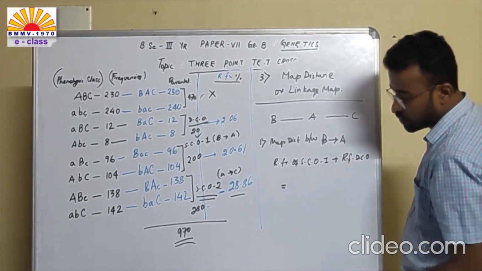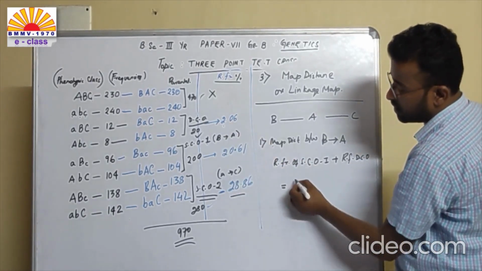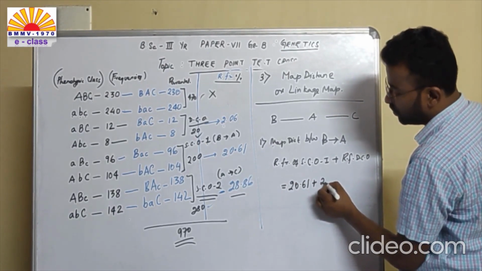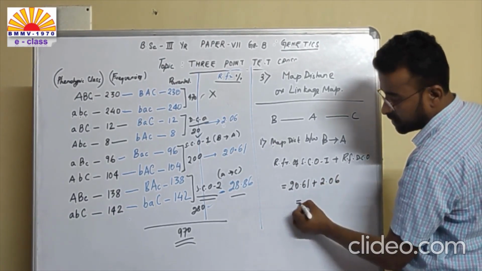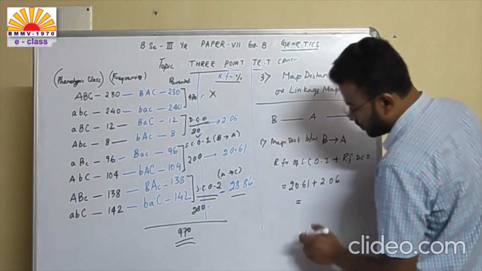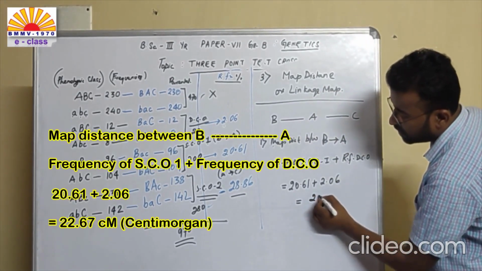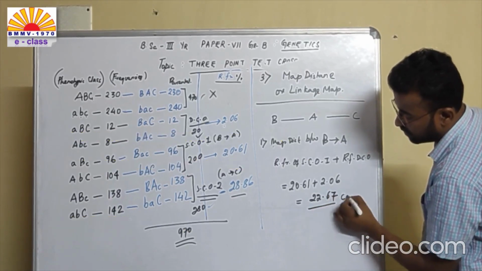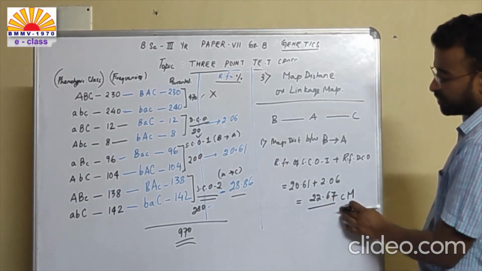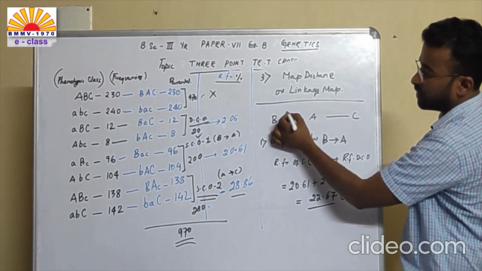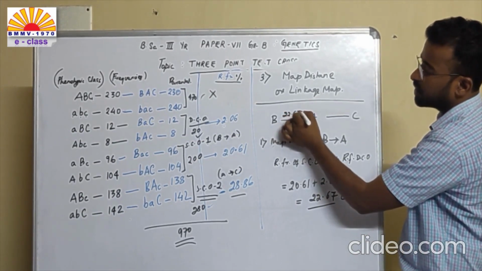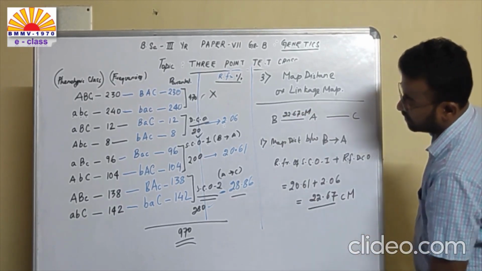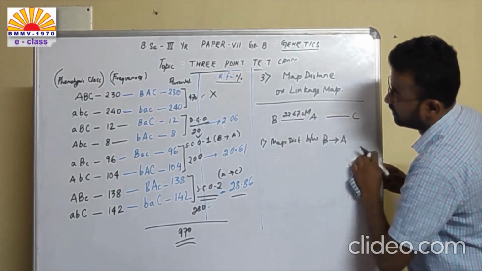Single crossover is 20.61 plus 2.06, that is roughly equal to 22.67 centimorgan. So we are going to write here 22.67 centimorgan.